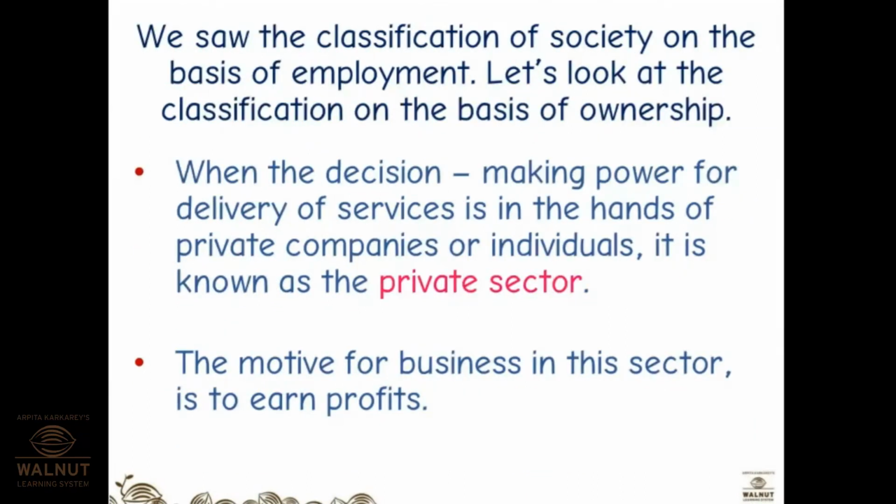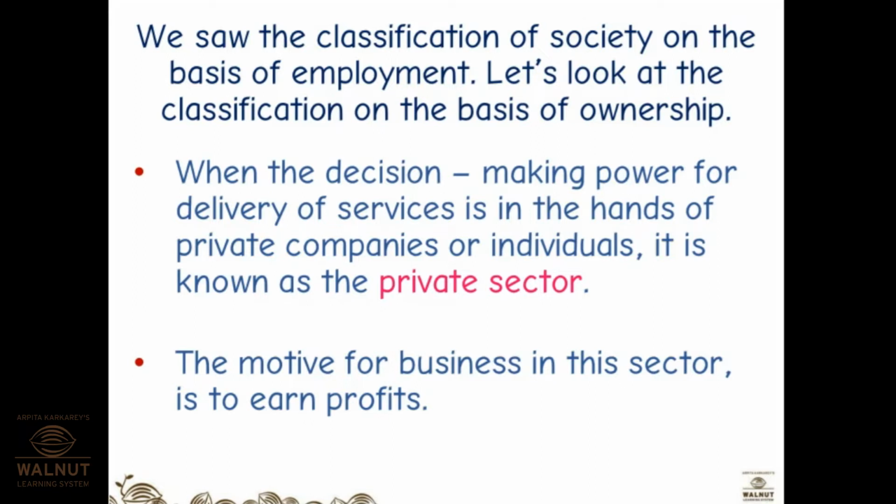We saw the classification of society on the basis of employment: organized sector and unorganized sector. Now let's look at the classification on the basis of ownership. When the decision making power for delivery of services is in the hands of private companies or individuals, it is known as the private sector.